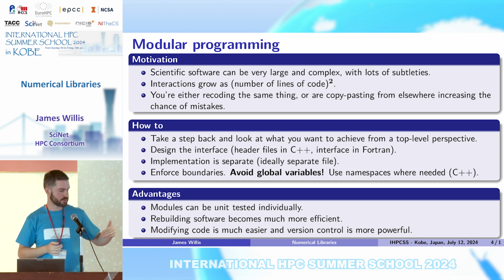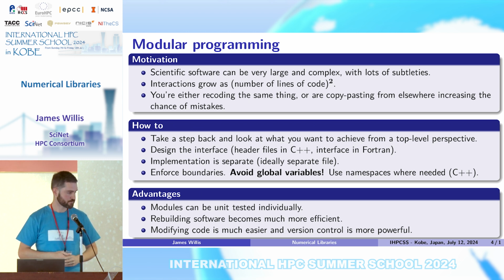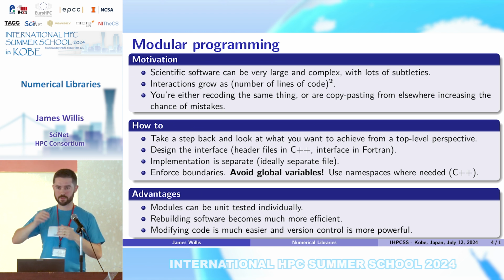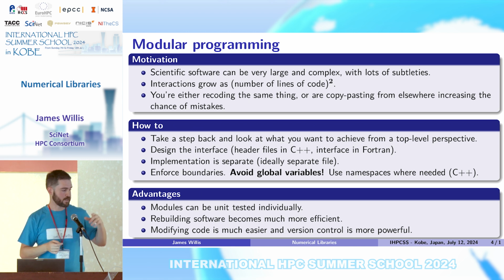Another advantage of modular programming is that when you come to rebuild the software, it's much more efficient. It's easier for tools like Make and CMake to compile a code when it's in a modular form. And when you come to modify code, it's much easier. Say I want to edit this function that calls an FFT library, for example, and I know it's in that part of the code, in that module.